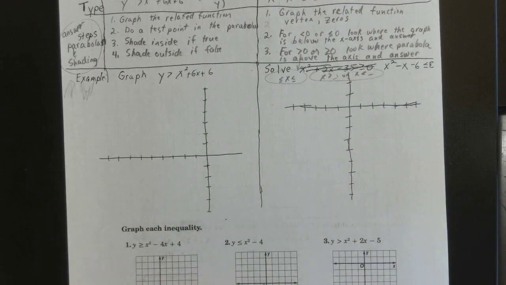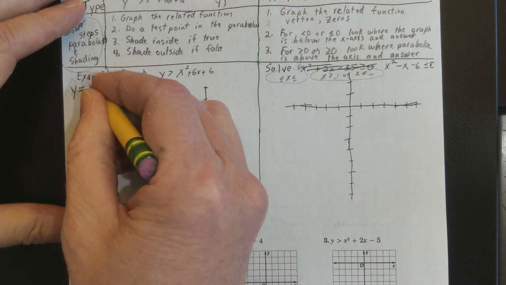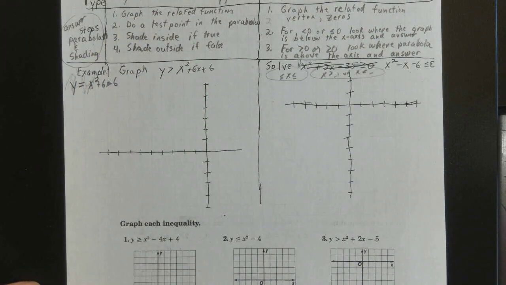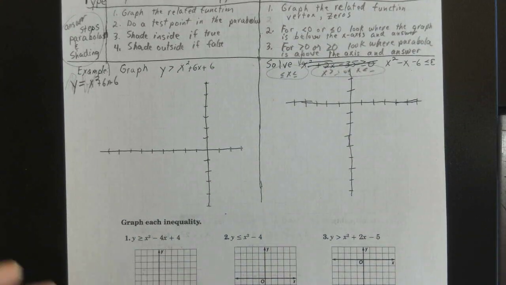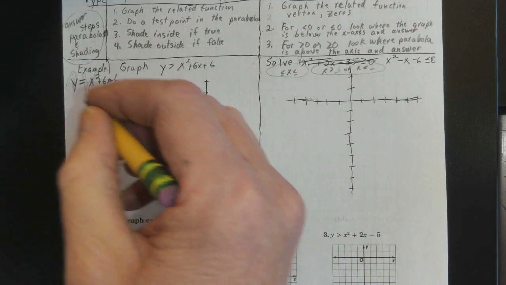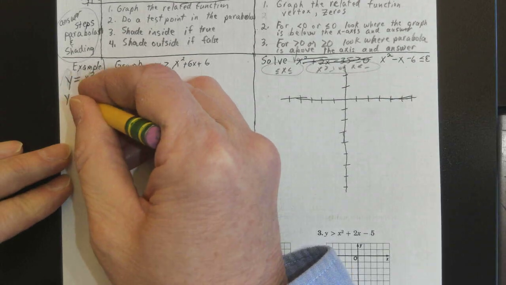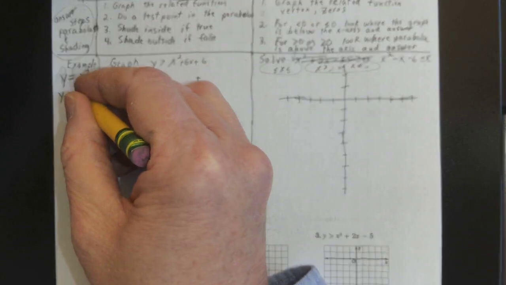Now, y is greater than x squared plus 6x plus 6. So graph the related function. We're going to graph y equals x squared plus 6x plus 6. I just took the inequality out and put an equal sign in, and mark these points here. There are different ways of doing it. I'm starting to let you use some technology on this, but for review's sake, one of the things we've been doing is completing the square.